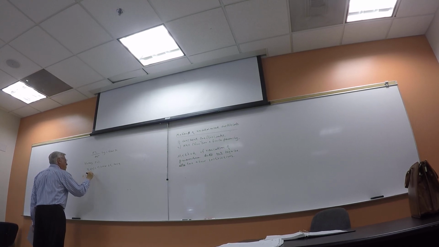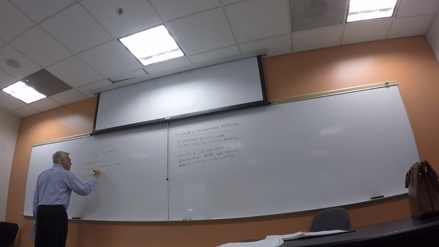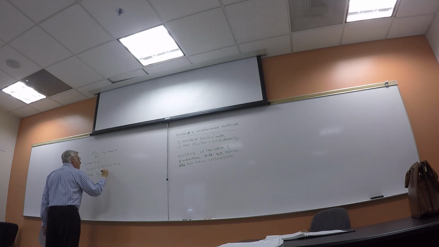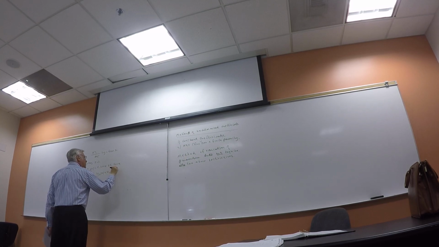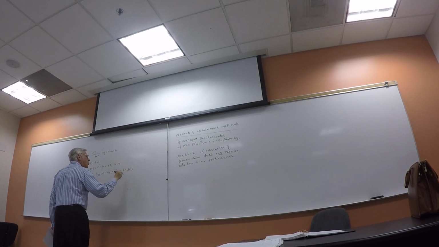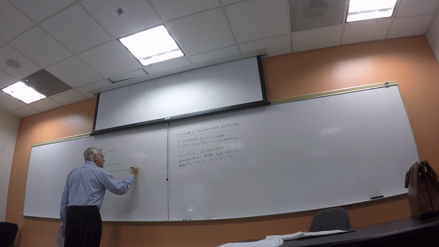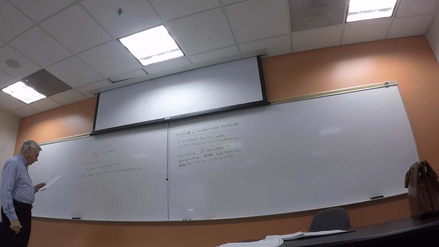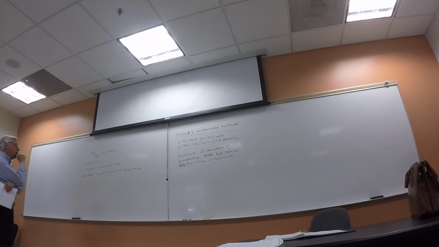So what we do now is the following. Assume y sub p of x equals u1 of x, which I don't know, times the sine of x, plus another function, u2 of x, which I don't know at this point, times cosine x. Well, let's try it out.